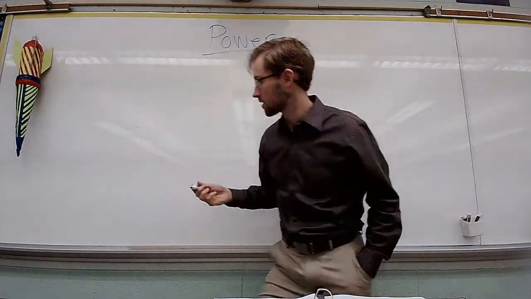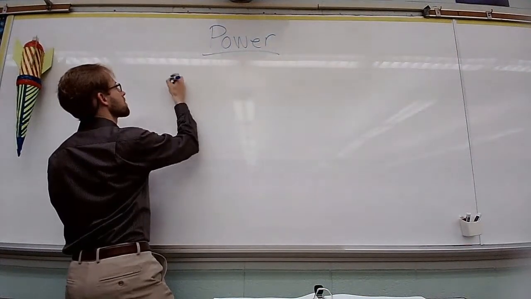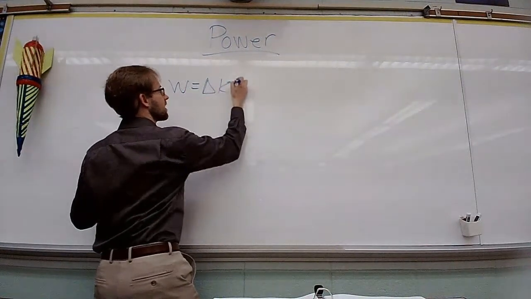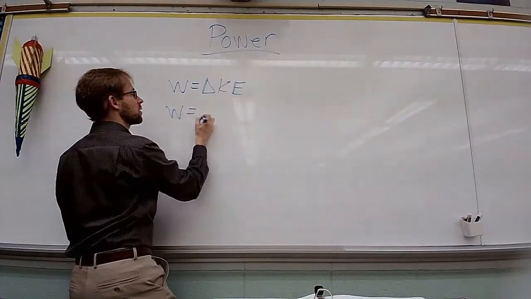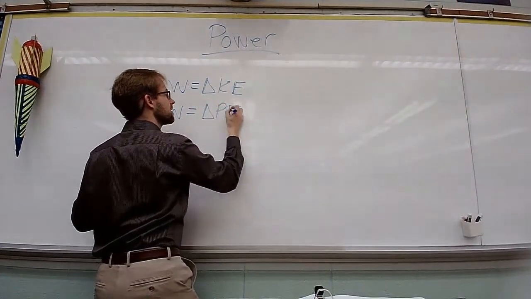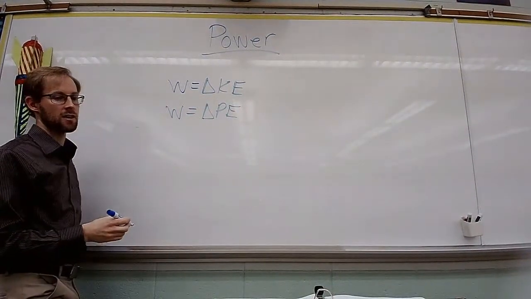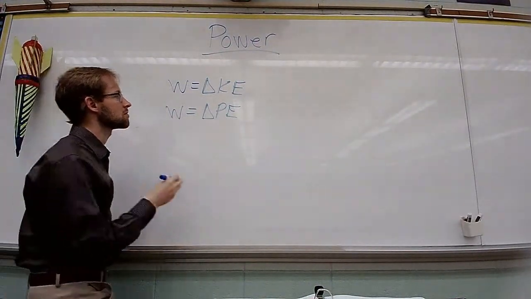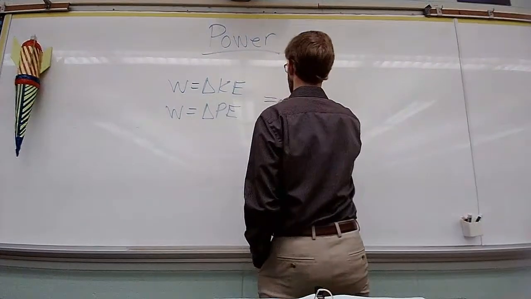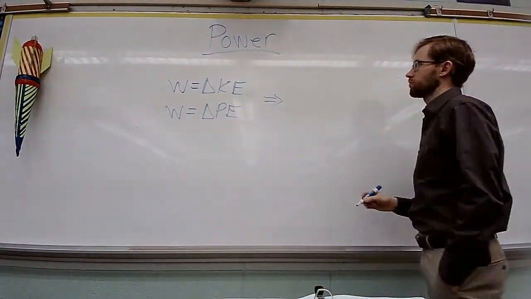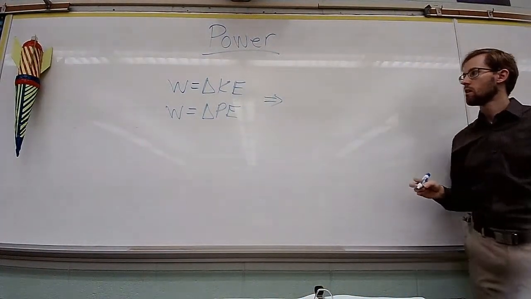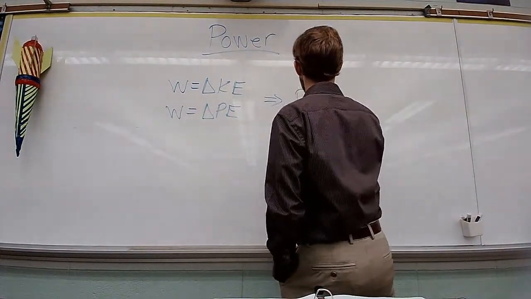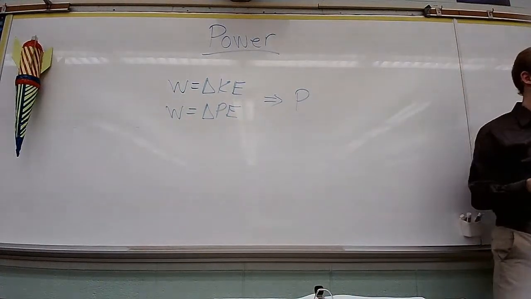So here's how we're going to line this up. Remember, work is equal to change in kinetic energy. It's also equal to change in potential energy. No surprise there. All power is, we would abbreviate it with a capital P, so that's nice and easy to remember.